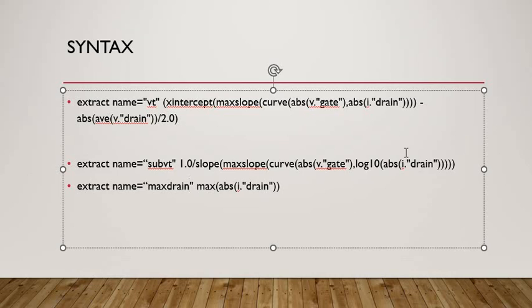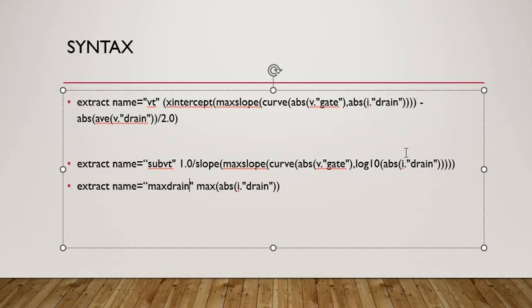You get the maximum slope easily from the slope command, and that slope is utilized as 1 upon something, which gives you the subthreshold swing. You can say swing and slope, but I think it's a swing, because 1 upon something is swing. So you can easily get that here with this multiplication.